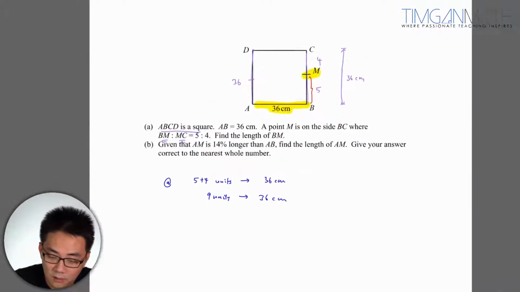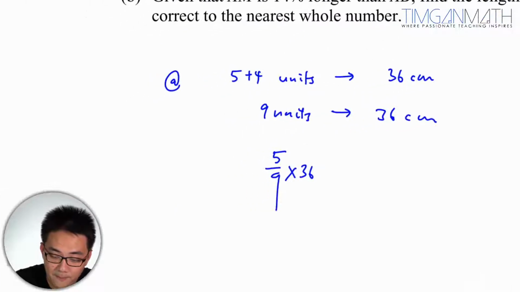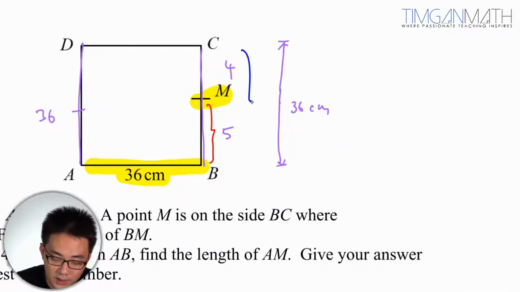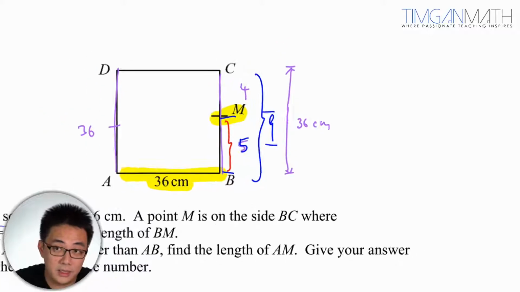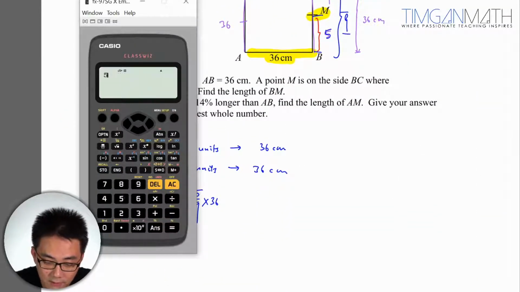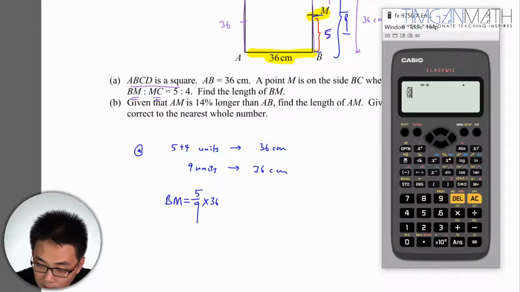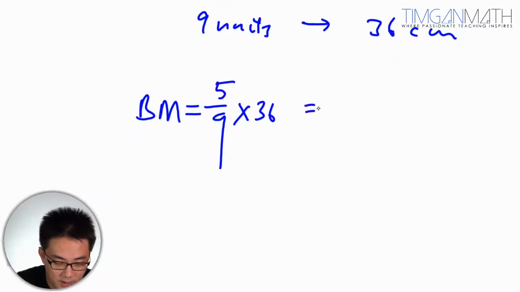We need 5 units, so 5 out of 9 multiplied by 36 would be our length of BM. It's a fraction because the total is 9 and we need 5. If you key this in the calculator, 5 over 9 multiplied by 36, we get 20. So that will be 20 cm.